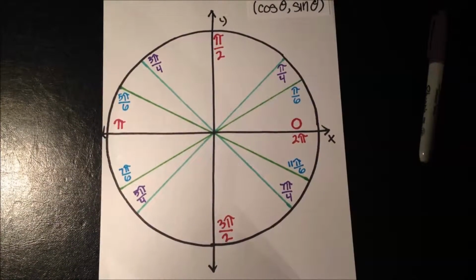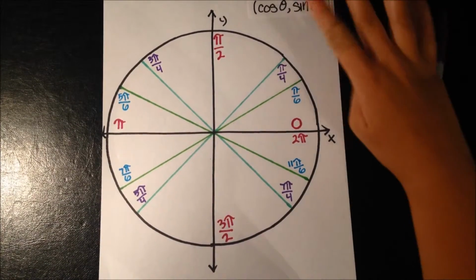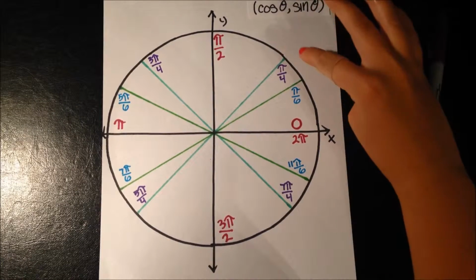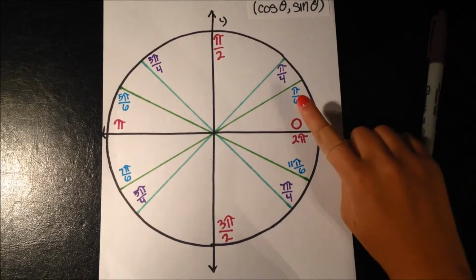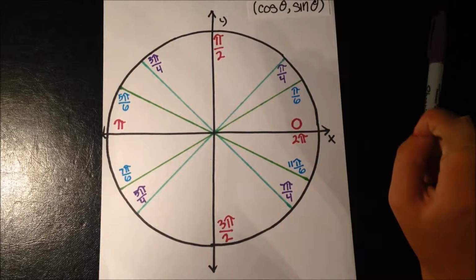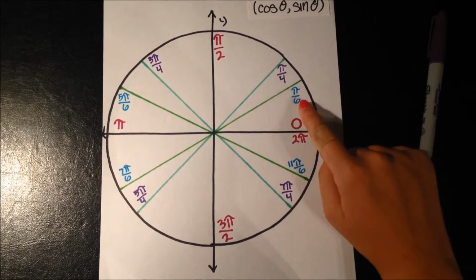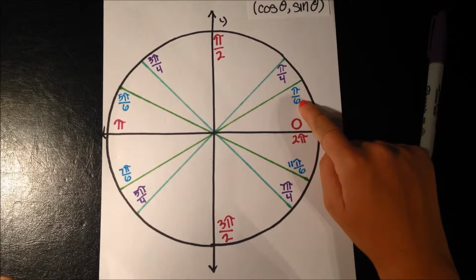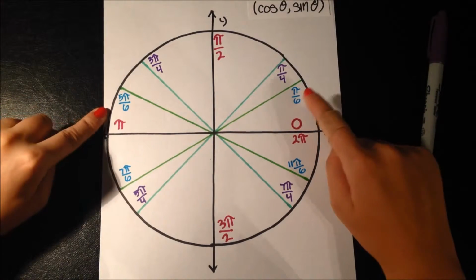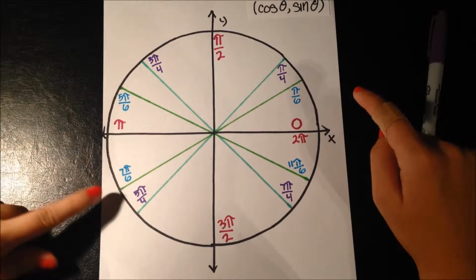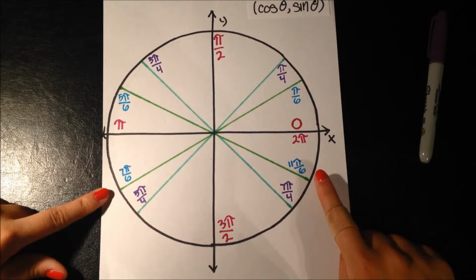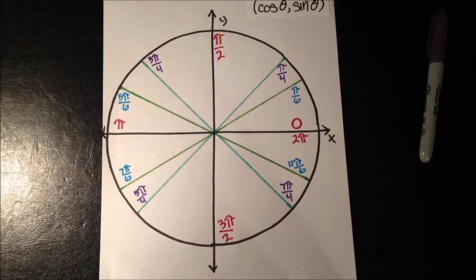Okay, so now if pi over 2 is a quarter, and then we take a third of that quarter, we get pi over 6. So basically, we have pi over 6 here, and then we have 5 pi over 6, 7 pi over 6, and 11 pi over 6.